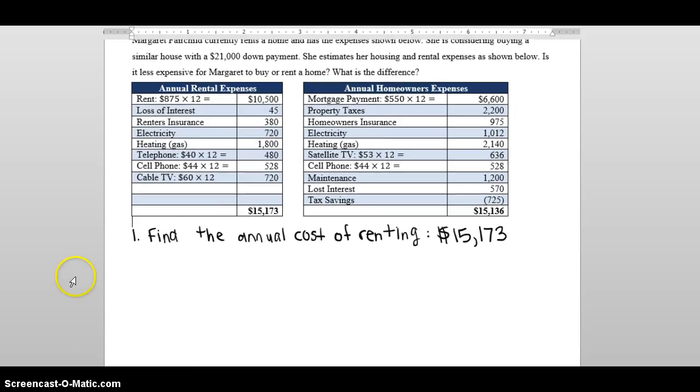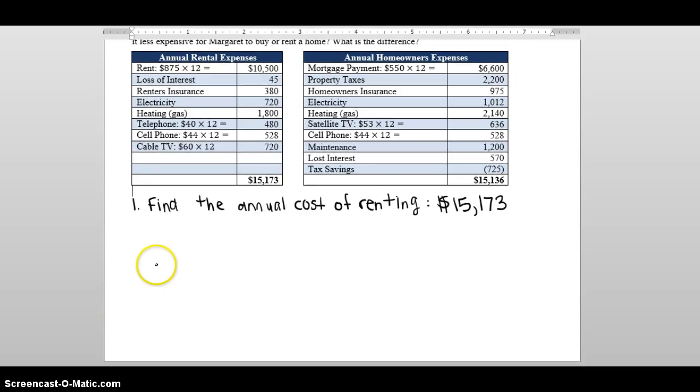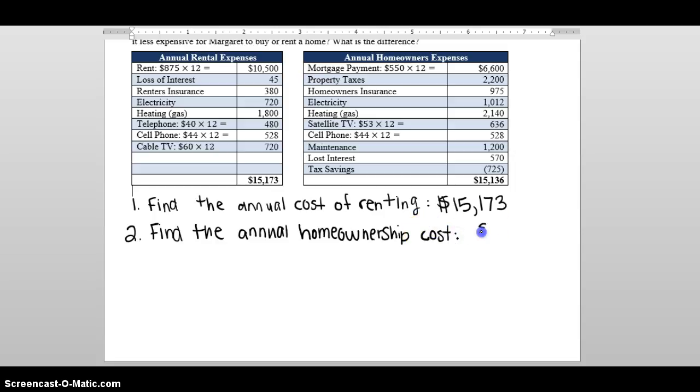We also need to find the annual homeownership cost, which is a total of $15,136.